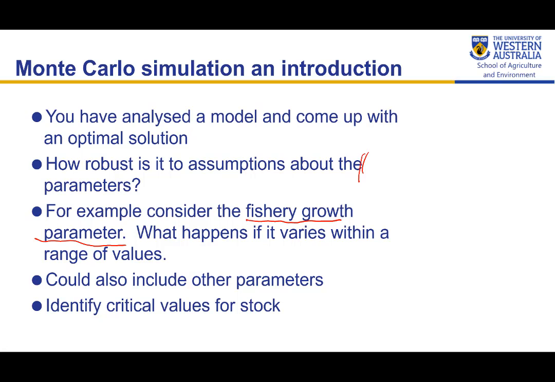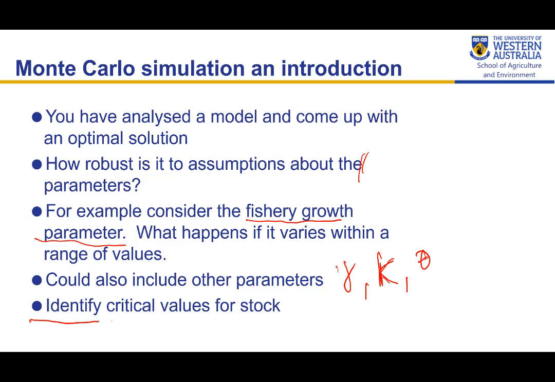And then you could extend this, so you could apply it to the fishery growth parameter. You could apply it to the carrying capacity. You could apply it to the catchability coefficient if you wanted. So you could do those individually, or you could do them all together to try and reflect the level of risk that a fishery system faces in practice.